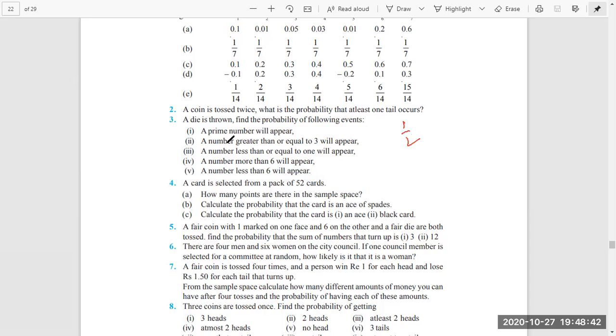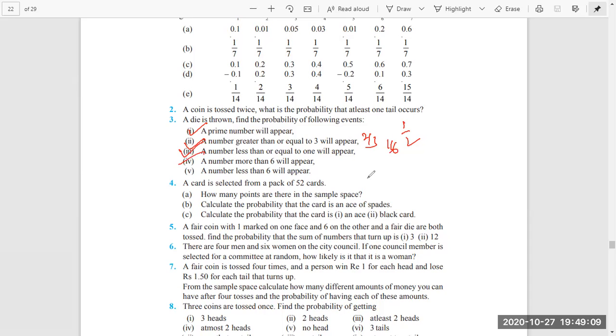Second, a number greater than or equal to 3 will appear. That will be 4 by 6, which is 2 by 3. Third, a number less than or equal to 1: only 1 by 6.